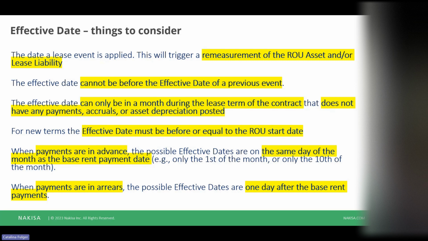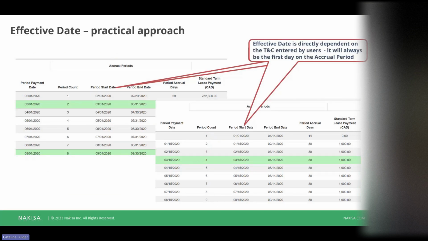And we're going to talk about advance and arrears, but I'm going to show you precisely in the schedule. I have here a slide, and we're going to look through this in more detail through the example. So when you look at your schedules, you will understand why you need to choose a certain effective date.